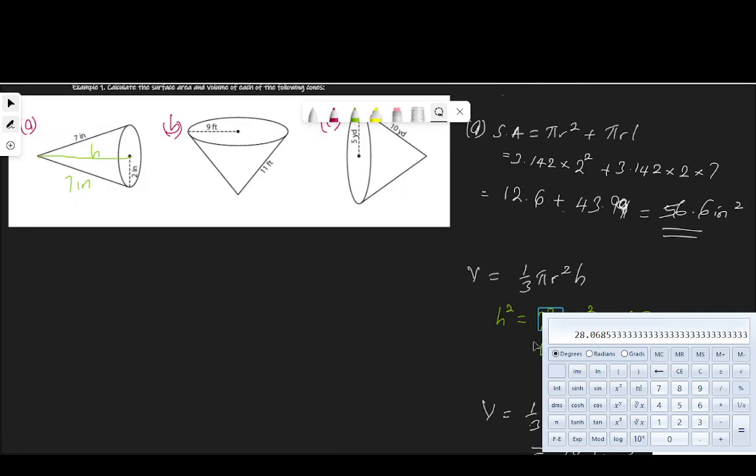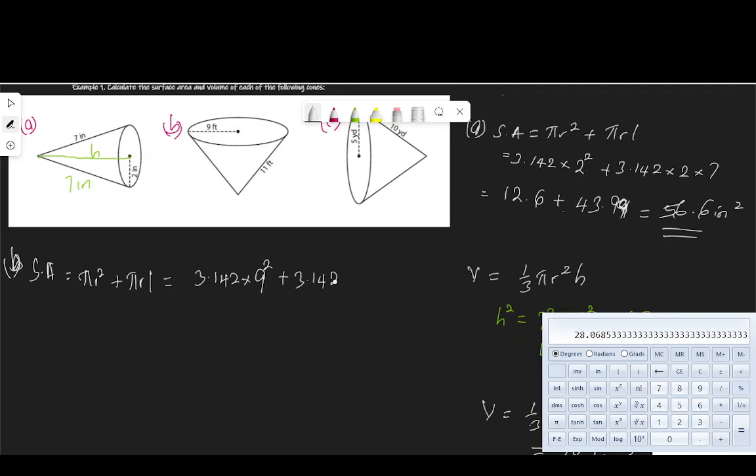Okay, so for B, the surface area SA is pi r squared plus pi rl.